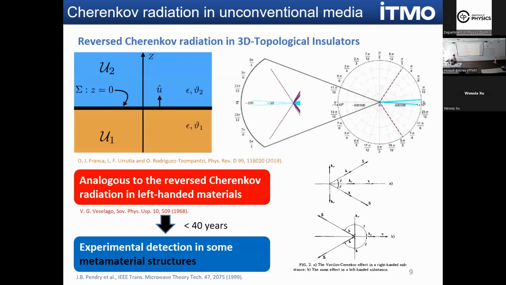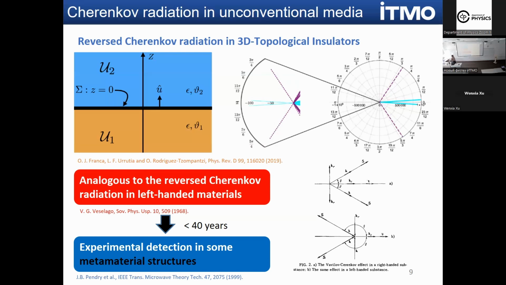But in unconventional media, like magnetic media and topological insulator materials, for example, the Cherenkov radiation can have richer and more interesting properties. One example is the reverse Cherenkov radiation, which it is found can appear in 3D topological insulators.